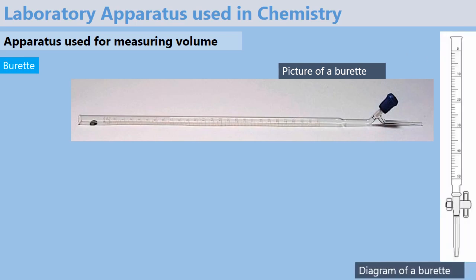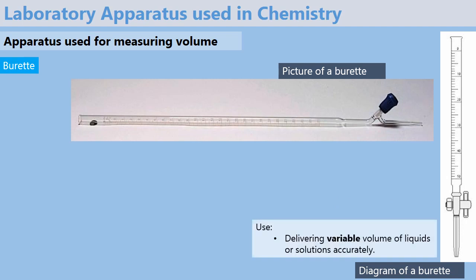Then a nice diagram represents a burette now in upright position. A burette is used for measuring or delivering accurate variable volume of liquids or solutions accurately.